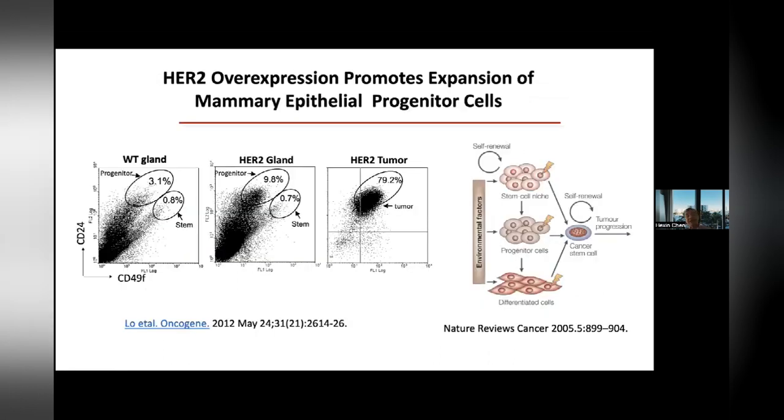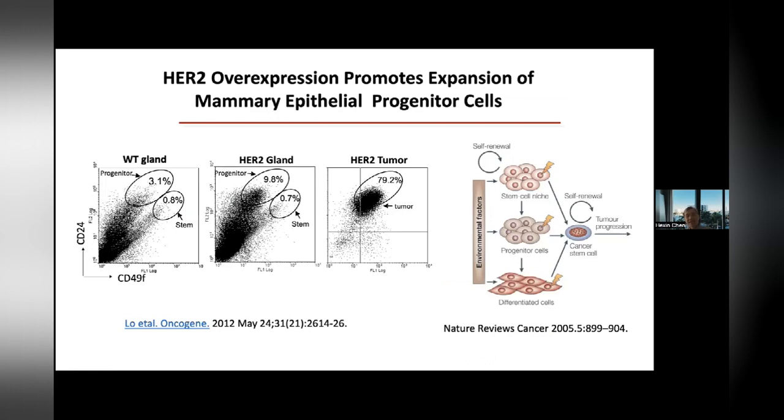Now, we know inflammation can affect normal stem cell differentiation or self-renewal. In a normal situation, the stem cell's proliferation is kind of inhibited, kept in a quiescent stage.